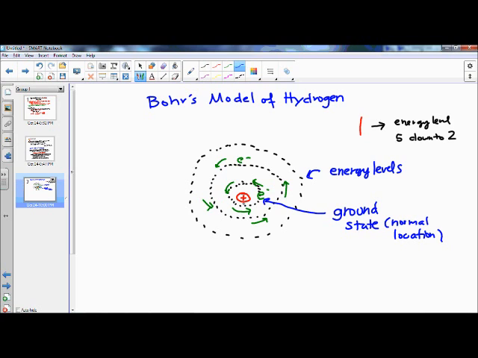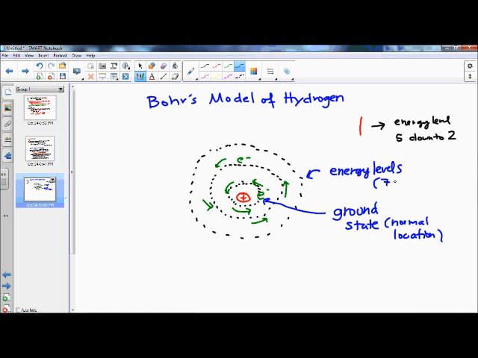When the energy comes in, the electron jumps to one of the other energy levels. Which one does it jump to? It depends how much energy it actually absorbs. It has to gain enough energy to go out to one of the energy levels. Then it drops back down and releases the energy in the form of light. So this would be the red line, if it goes from 5 to 2.